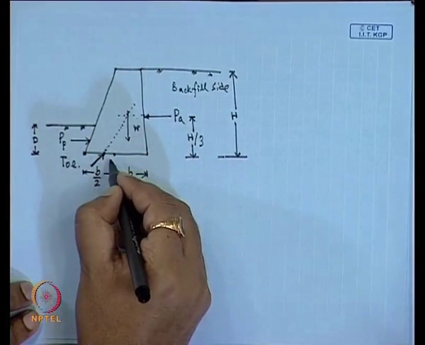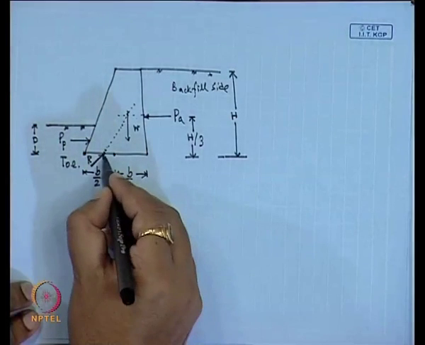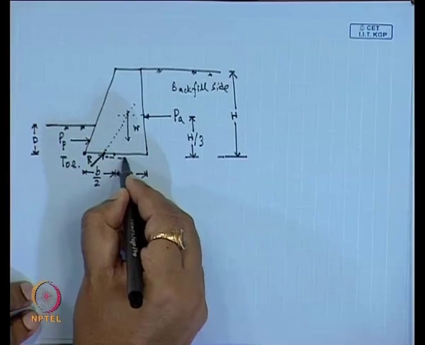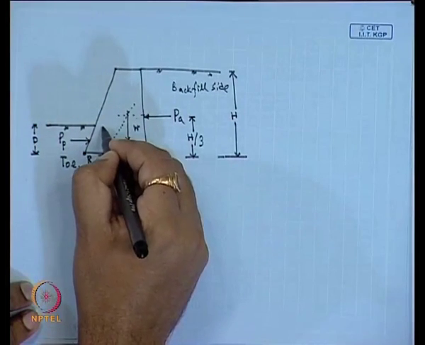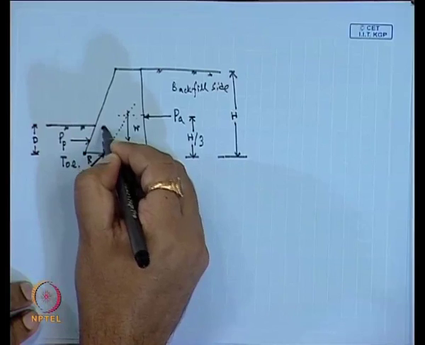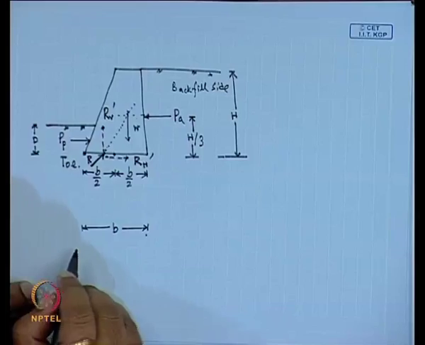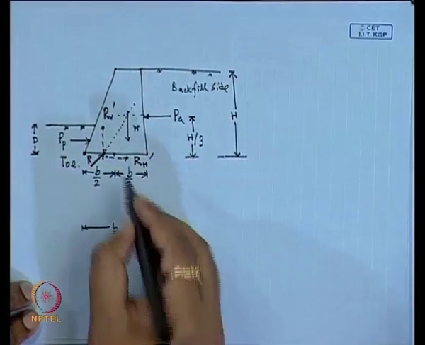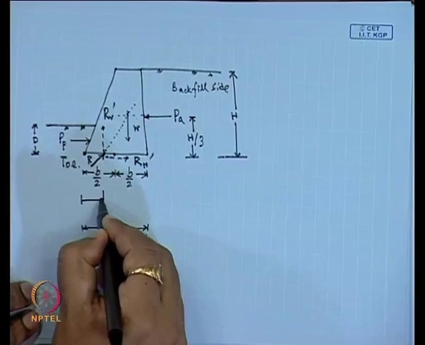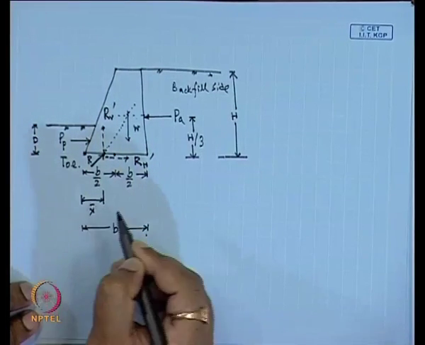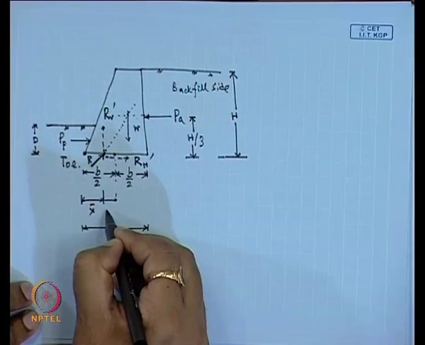Suppose this reaction is R, and if we take the two components, this is R H dash and this one R V dash. Now the distance of this reaction force from the toe is say x bar, and from the center this one say E.